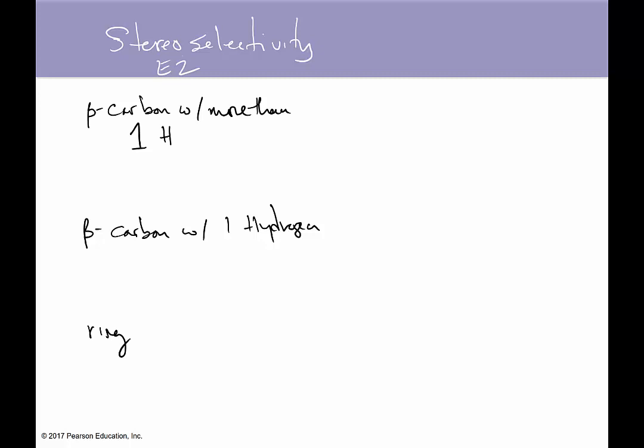So if you have a beta carbon with more than one hydrogen, the product tends to be trans. That is, the bulkier groups tend to be on opposite sides of each other. So trans bulky groups.